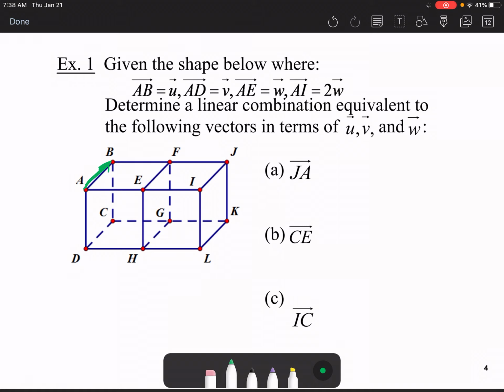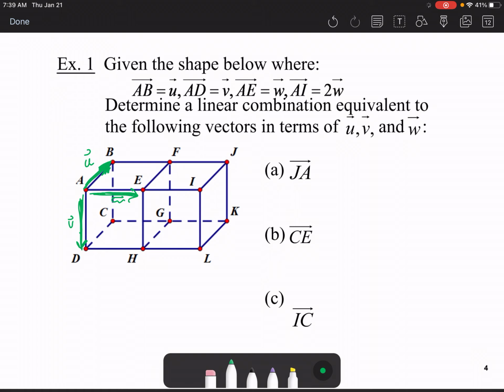So AB, this direction, is the vector U. AD, this way, is going to be the vector V. AE is going to be W. And AI is going to be 2W, just double the size of that original W.